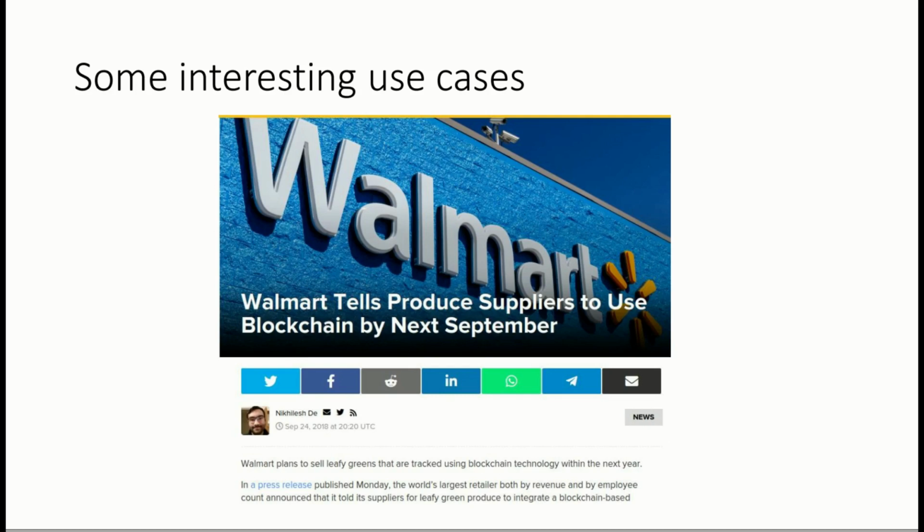So if you've been in a Walmart store anytime since October 1st, 2019, and you've seen leafy green produce there on the shelves, you are seeing blockchain at work.